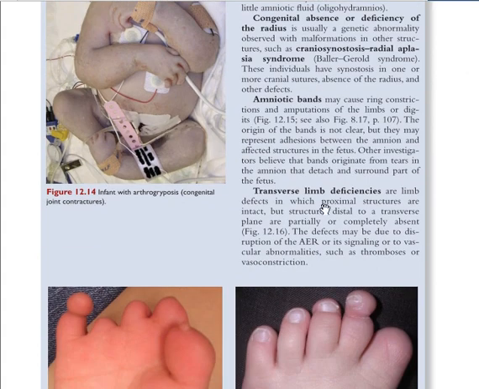Now in transverse limb deficiency, proximal structures are intact, but the structures distal to a transverse plane are partially or completely absent. The defect may be due to the disruption of the AER or vascular abnormalities such as thrombosis or vasoconstriction.